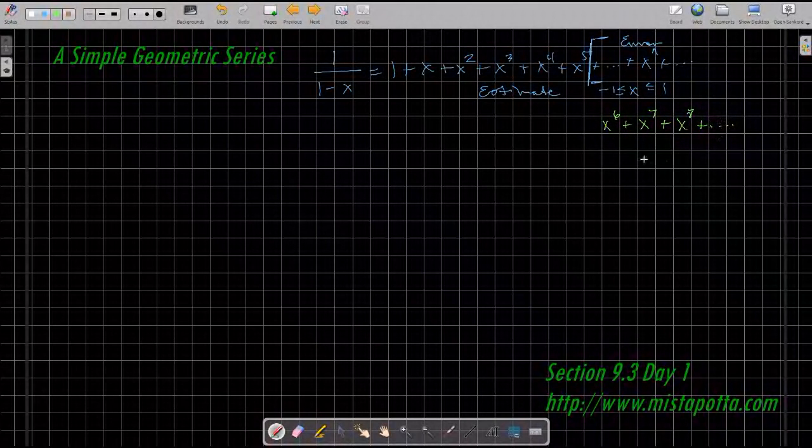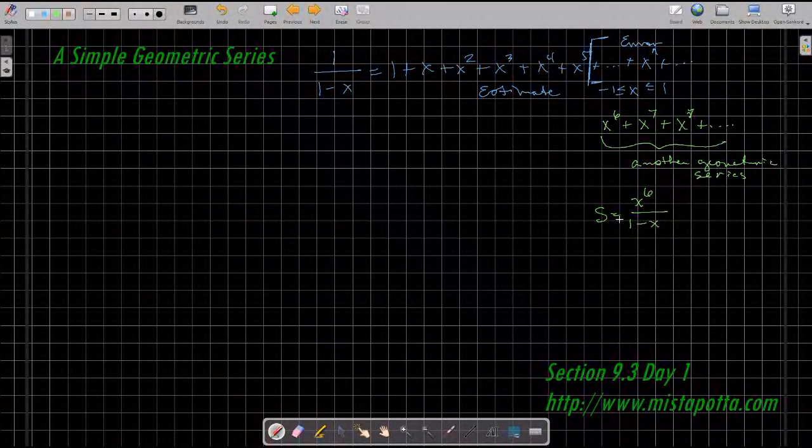And what I notice here is that this is another geometric series, with my first term being x to the 6th, and so my sum is the first term over 1 minus my common ratio.